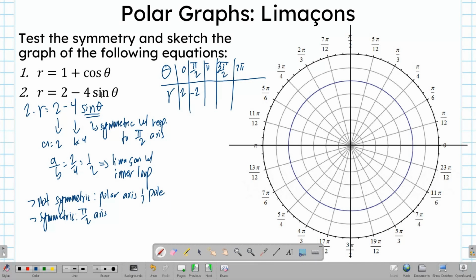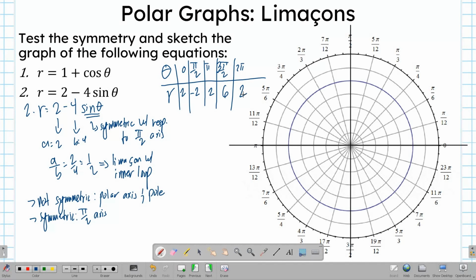Sine pi is 0. So 0 times 4 is 0. 2 minus 0 is 2. Sine 3 pi over 2 is negative 1. Negative 1 times 4 is negative 4. 2 minus negative 4, that is 6. And 2 pi, sine 2 pi is 0. 0 times 4 is 0. 2 minus 0 is 2.